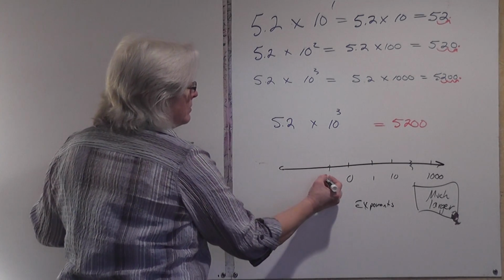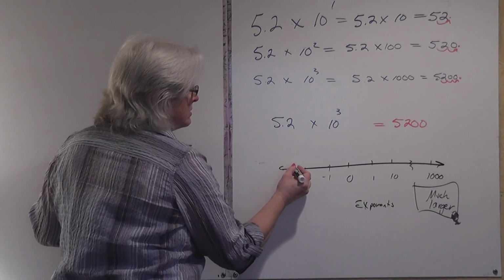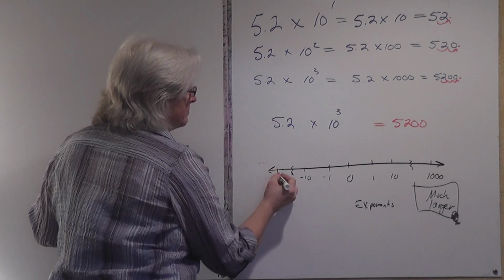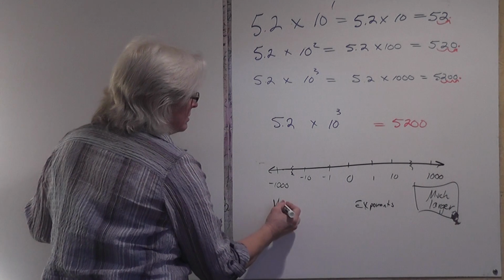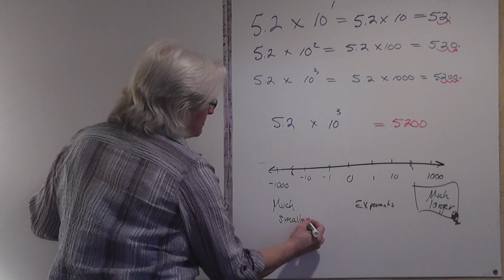Similarly, the more you go in the negative direction on your number line, the much smaller your number becomes.